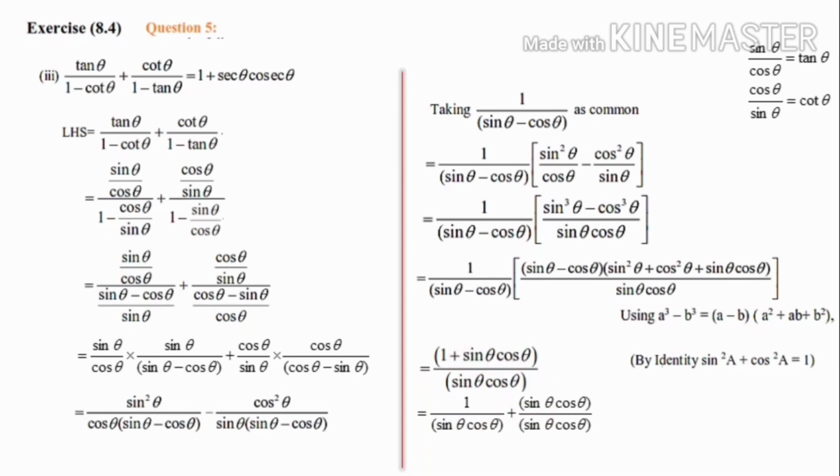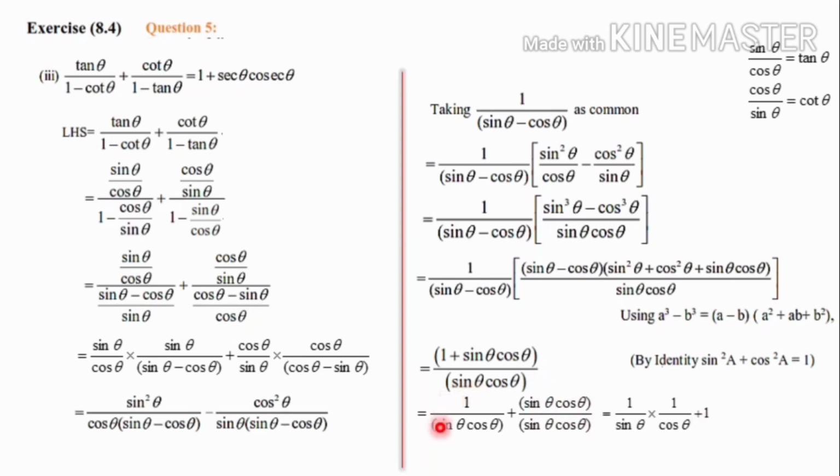So it is just the reverse process. Here again sin theta cos theta by sin theta cos theta cancels, and we have got 1.